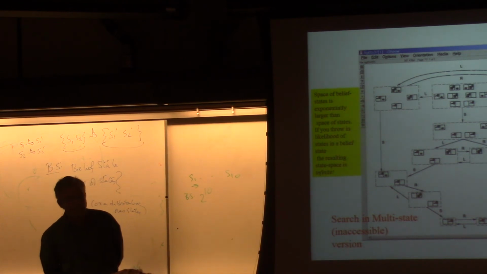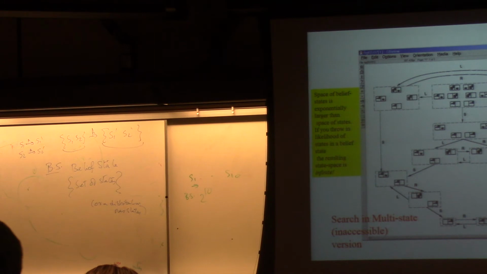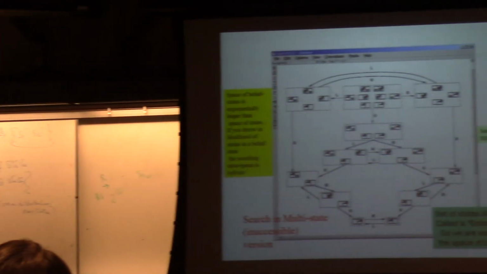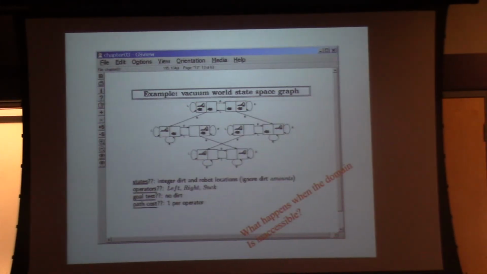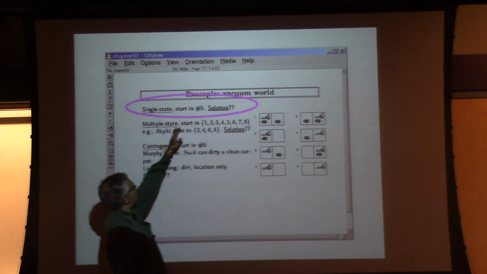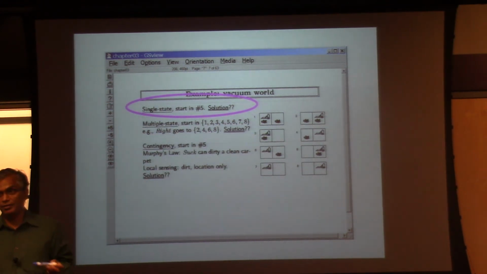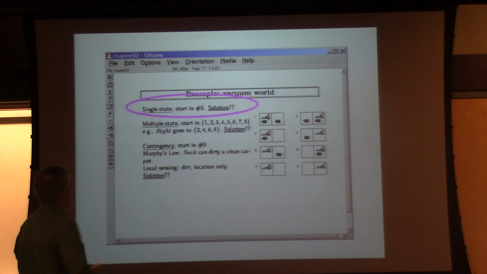So it doesn't have to be the case that when you reach the goal, it's a single state. It just has to be the case that the entire belief state is all both states. If a problem can be solved that way, then you basically are now in the multiple state problem. Each of your states is a multiple state, multiple atomic states, and you are searching in a much larger graph. Okay, and this also has a nice name called conformant planning.